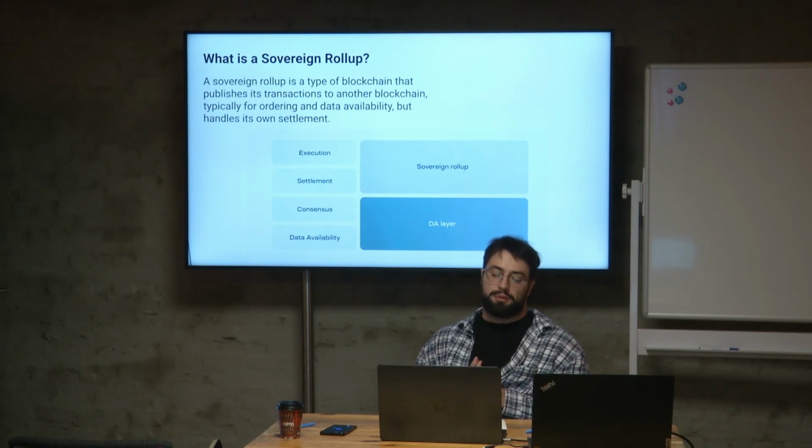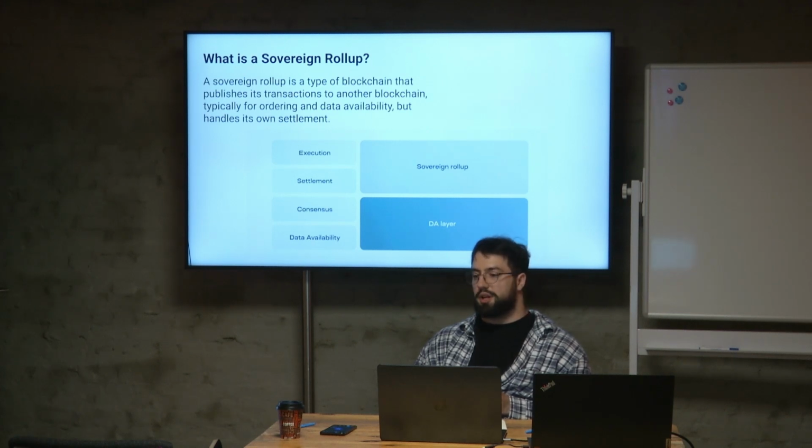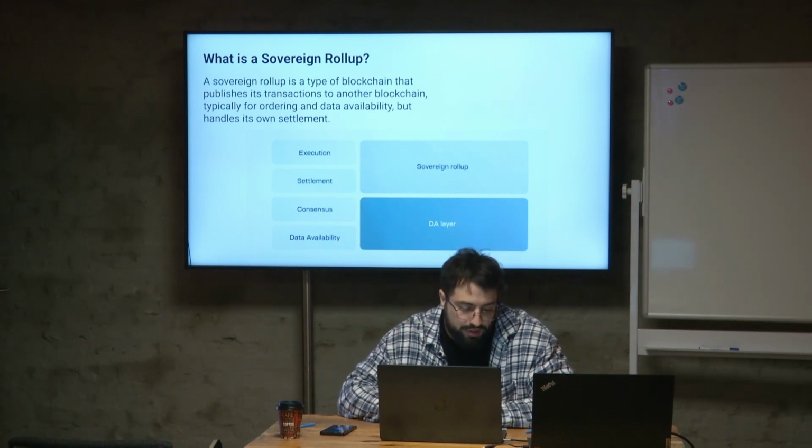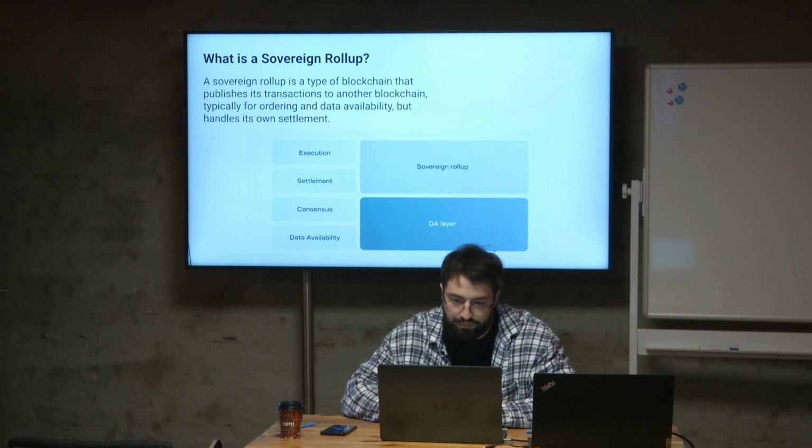A sovereign rollup is not like a rollup which settles on some L1. A sovereign rollup takes care of its own settlement, so it decides what is the canonical chain. It resolves disputes and has its own governance. So that's the key point.